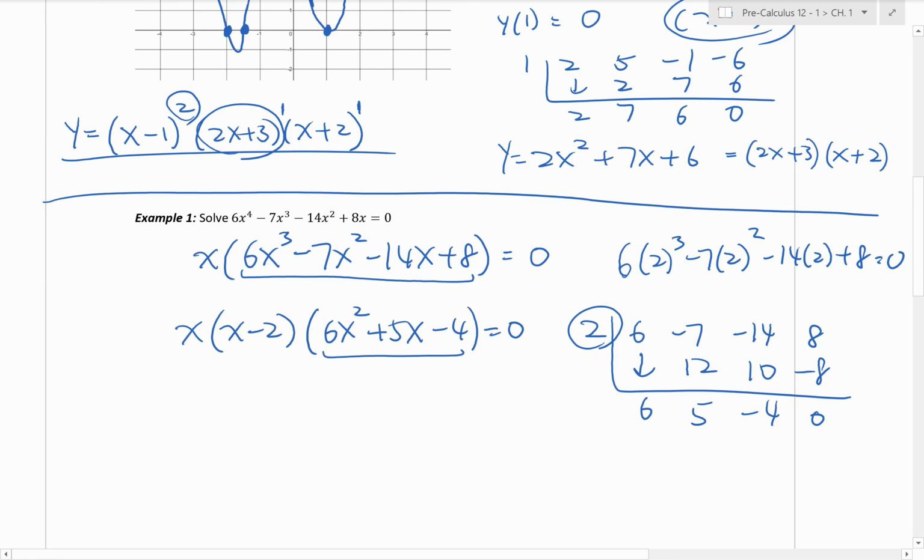Now this is just a regular quadratic that we can factor quite easily. Okay, so let's see. I think it's going to be 3x and 2x. I'm just guessing and checking here. For the 4, it's probably 4 and 1. No, 2 and 2.